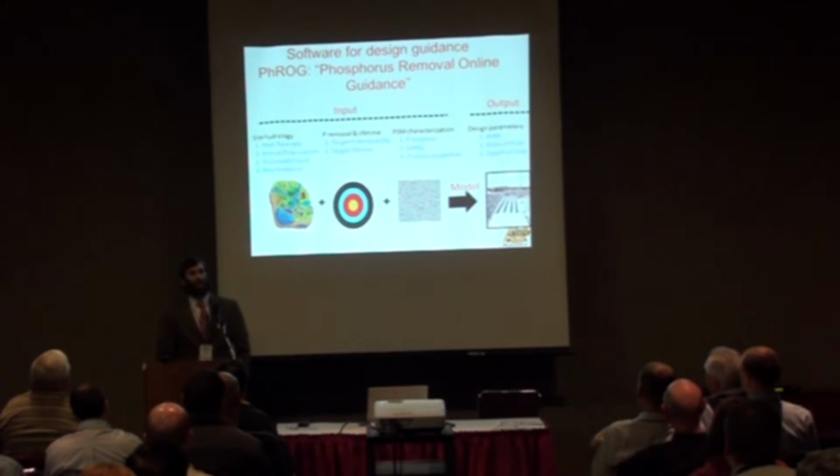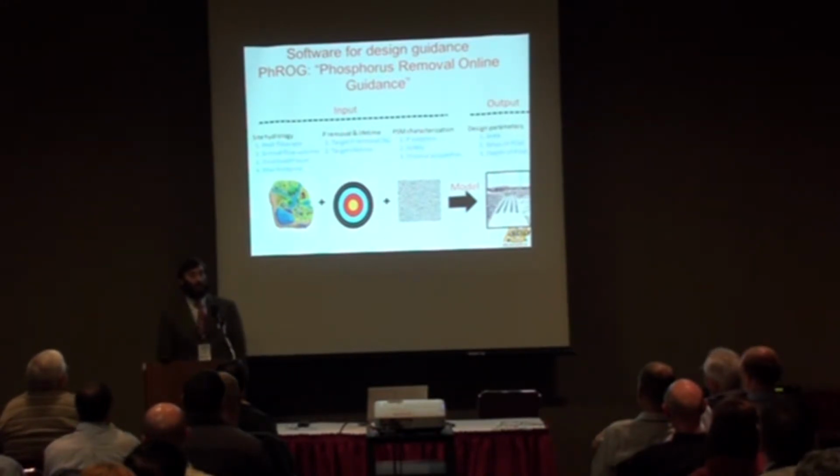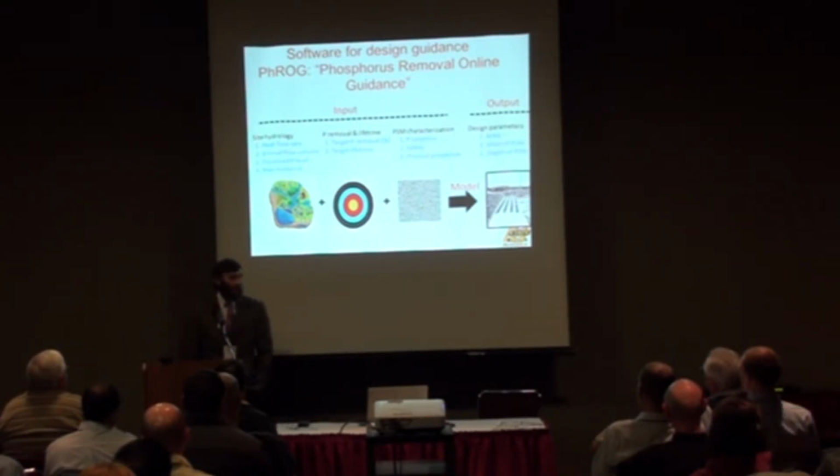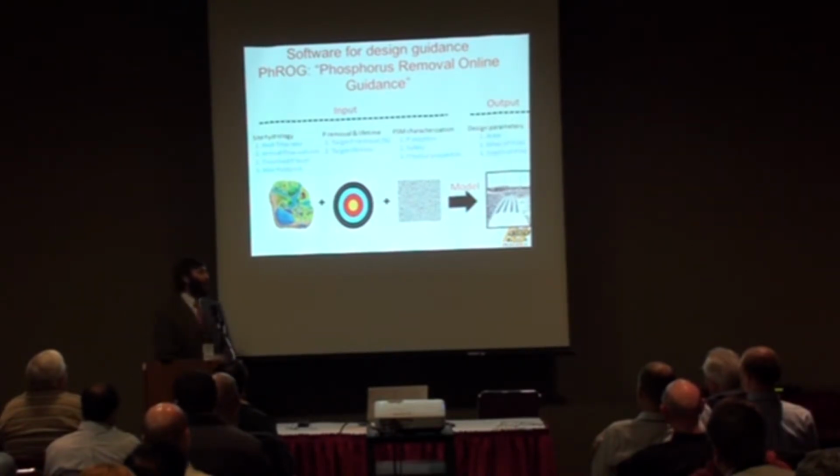And then the user has to input certain targets. How long do they want this structure to last? Do they want it to last 1 year, 2 years, 6 months? And how much phosphorus do they want to remove over that time? 40%, 20%, 50%.